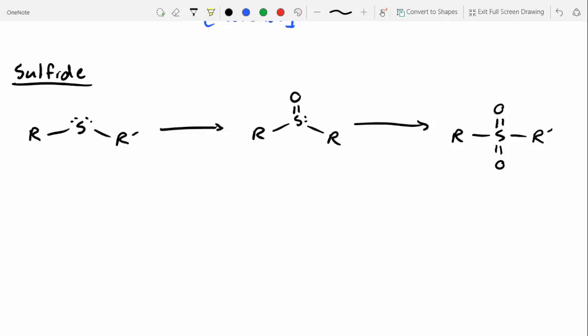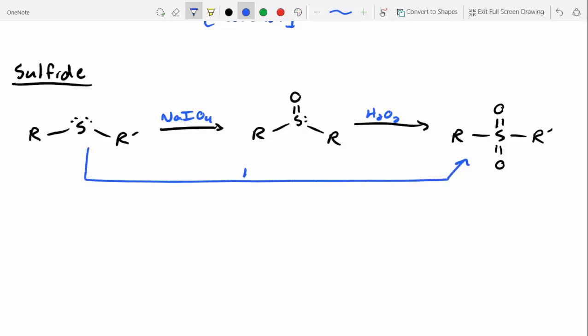The reagents that are required to do this are sodium iodate, followed by hydrogen peroxide. And then, if you just want to go from this one to this one, you can just slam it with a bunch of hydrogen peroxide. The names of these are what I'm more worried about you knowing.